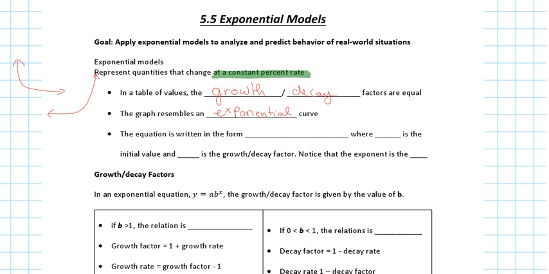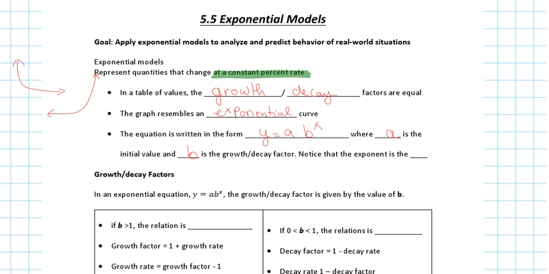The equation is written in the form of y equals a b to the power of x, where a is your initial value and b is the growth or decay factor. Notice that the exponent is the x, which is the variable, okay? So a and b are going to be numbers.